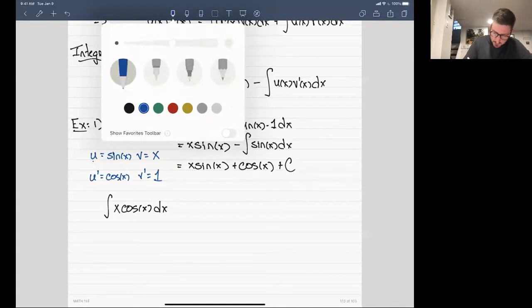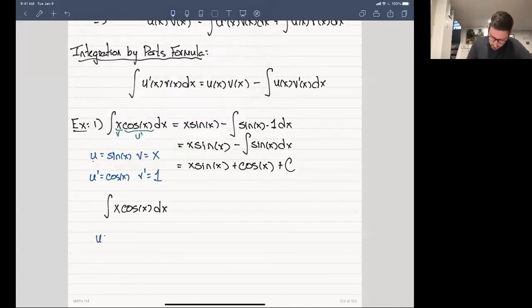So let's say you did u prime is equal to x, and that means that v was equal to cos of x. And so v prime is going to give you minus sine of x. And so that means that u, regular u here, is x squared over 2.